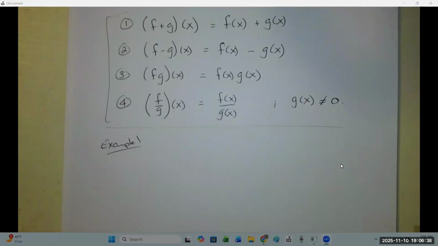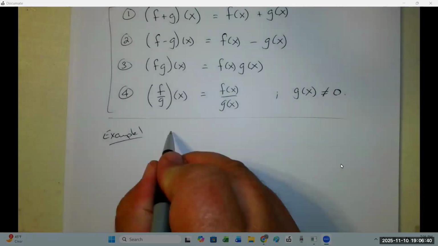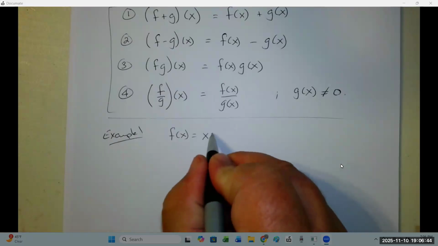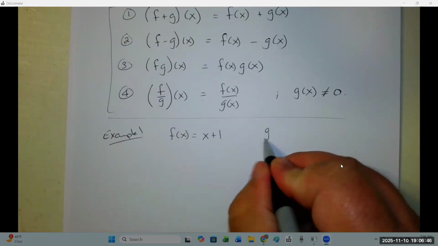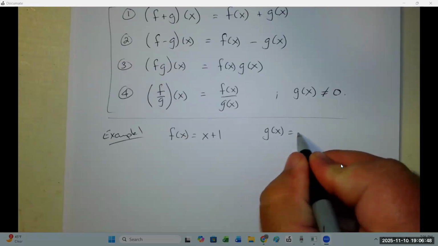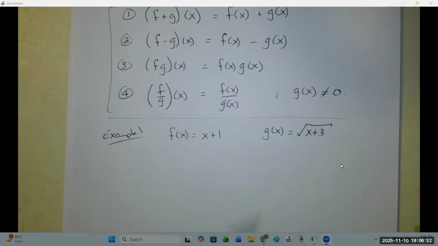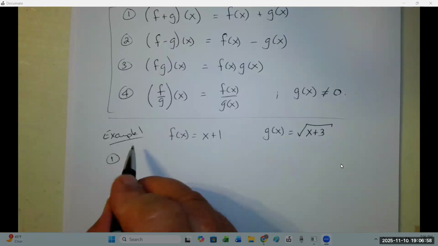Example 1. Here are my two functions. The first one I define as x plus 1. And the second function is the square root of x plus 3. So let's look at the first one.